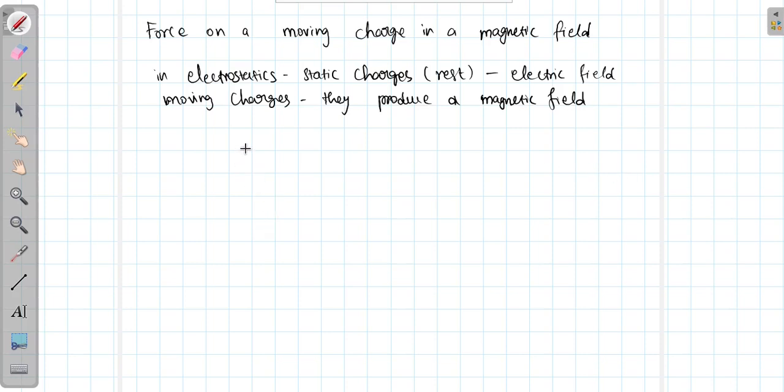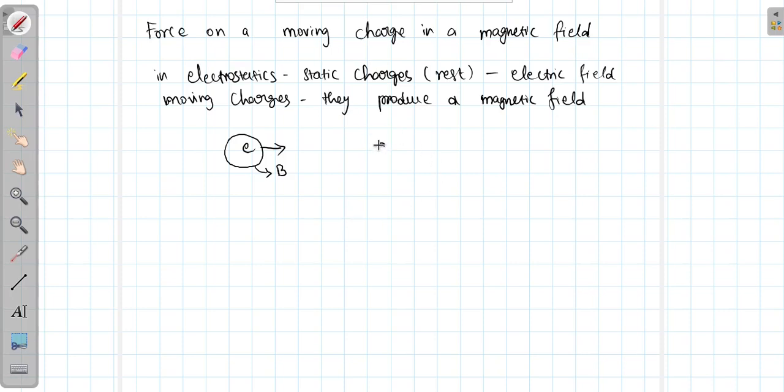For example, whether an electron is moving in an external magnetic field or not, whenever it is moving, it produces a magnetic field around it. There is a magnetic field enclosed by the moving charge.